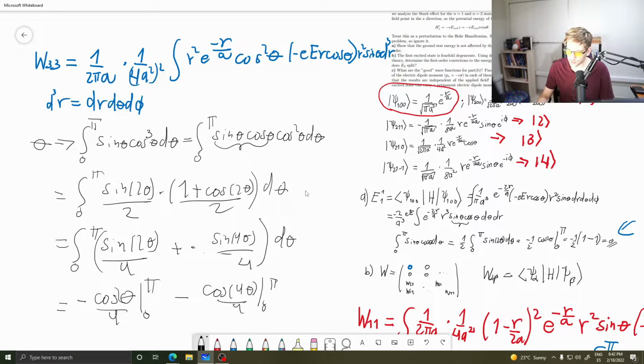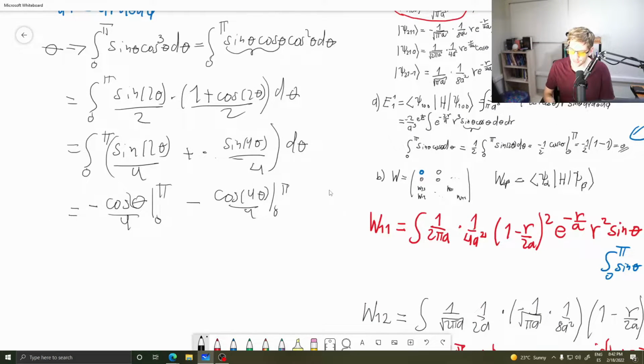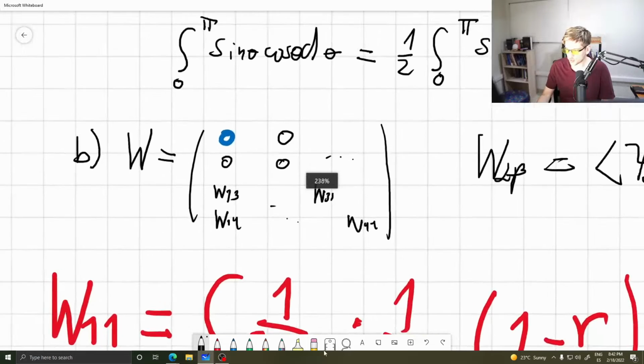And each one of those will be 0. So the first one is going to be minus 1/4, and cosine of 2 pi, that is 1, minus cosine of 0, which is also 1, so we get 0. And here we have cosine of 4 pi, which is 1, minus cosine of 0, which is 1. So we get 0 minus 0, very much 0. So W33, also 0.